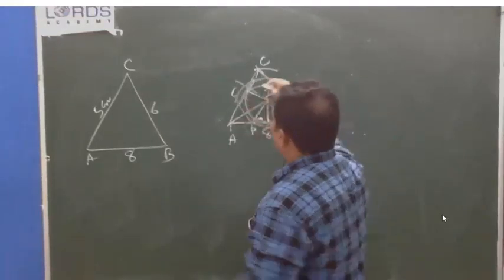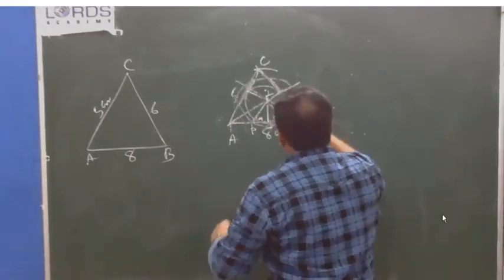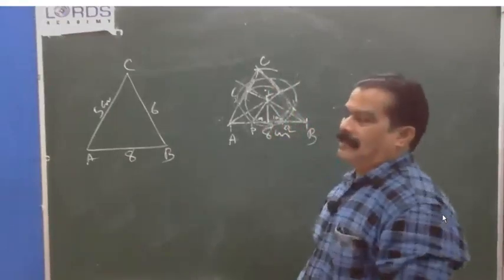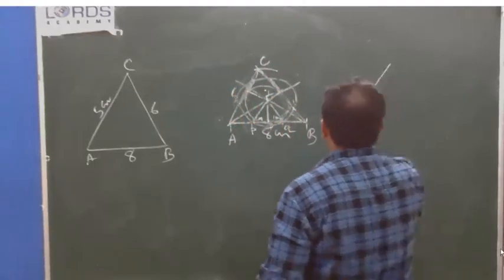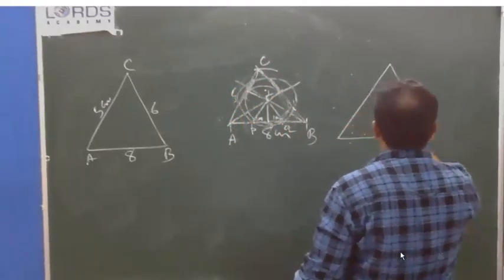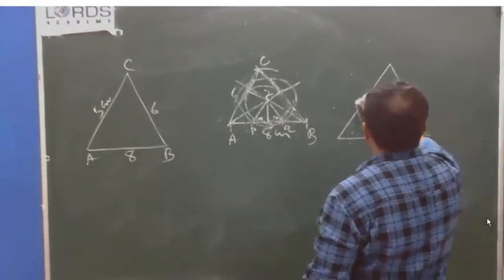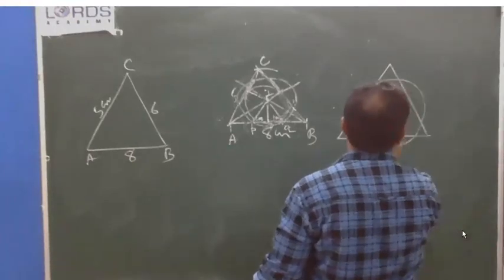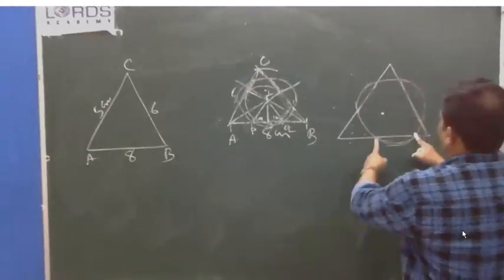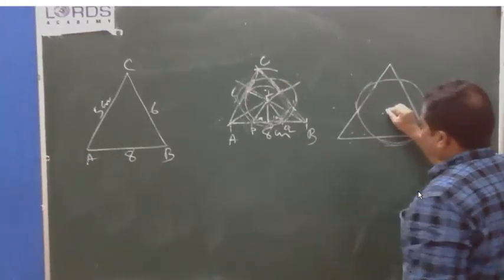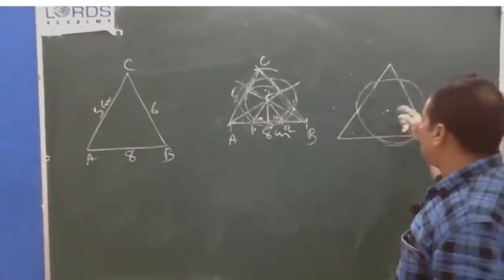If you take this as the center and this radius, when you draw, each side will cut 2 centimeter. This is the figure. This will be 2, this will be 2, this will be 2 centimeter. If the incenter is correct, then you will get the answer.